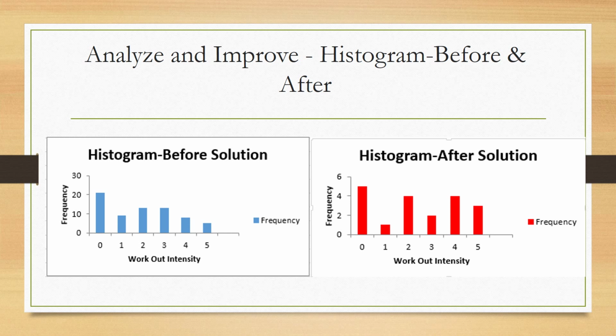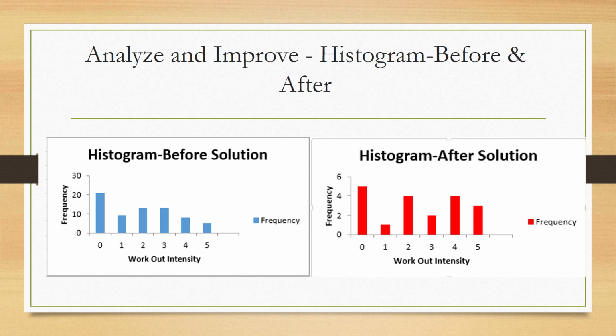I also analyzed these histograms a little bit more, and the before solution histogram has about 44% of the workout intensities at 0 or 1, so the none to minimal activities. And then in the after solution histogram, we had dropped that number down to 32% of all of the days with a 0 to 1.